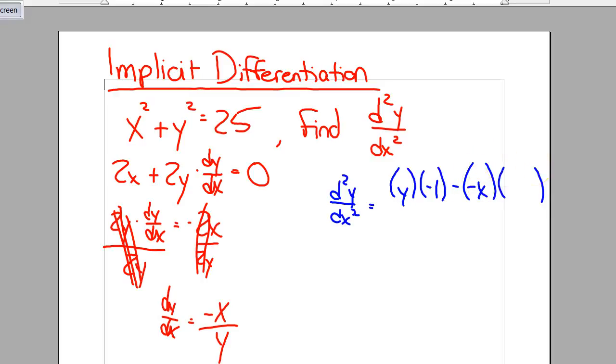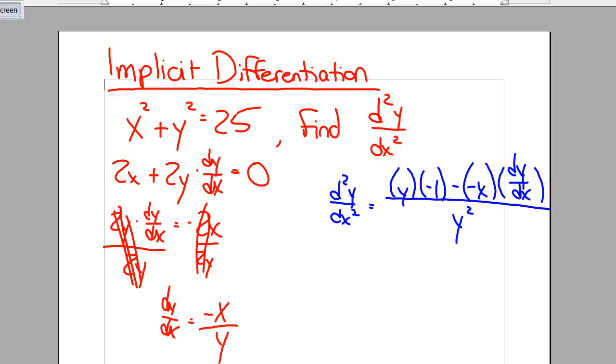What's the derivative of the bottom? 1, but it's dy dx, right? Okay. Is that what you guys were saying? Yes. Okay. You scared me. I thought it was something wrong. All right, over the bottom squared. So over y squared.